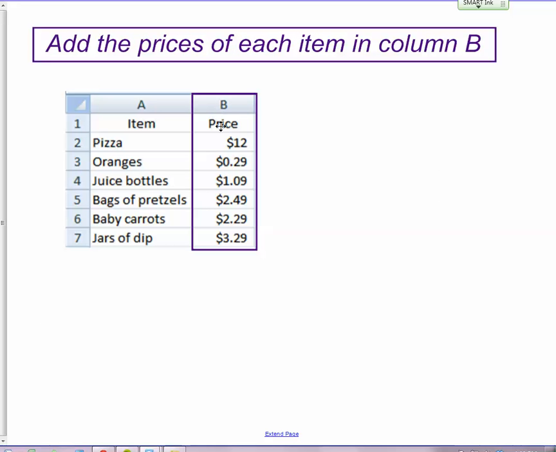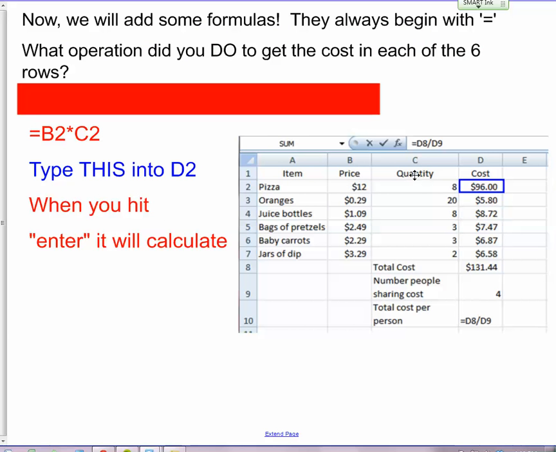Next thing you did is you typed the prices of each item in column B. Then we put the quantities in column C. And then we also put these labels: the total cost, the number of people sharing the cost, and the cost per person.